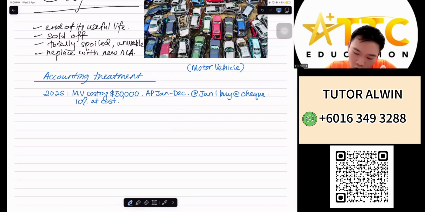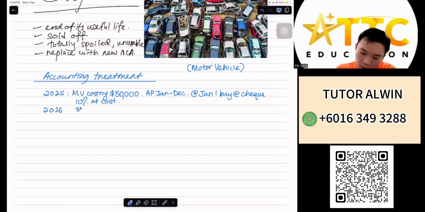For the past year, unfortunately, this motor vehicle has been giving you all kinds of trouble. So you decided to sell it off at the end of the second year. This is your year 0, the year you buy. 2026 starts to give you a bit of trouble.